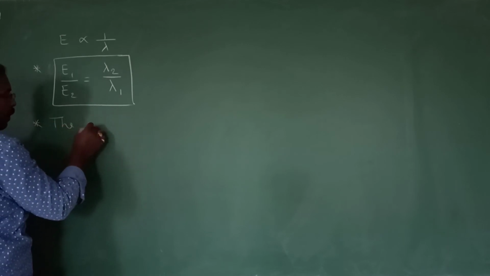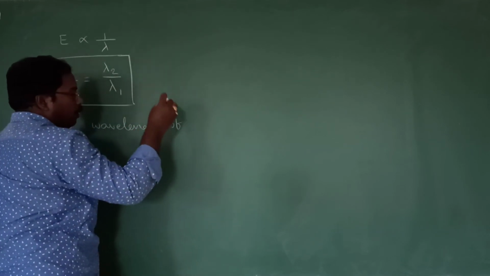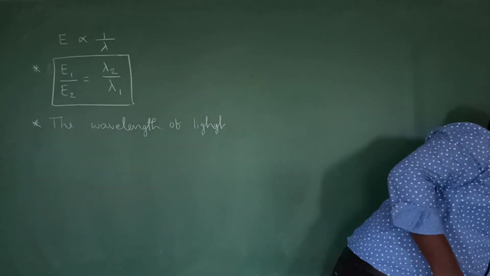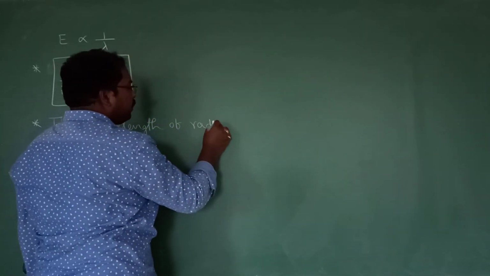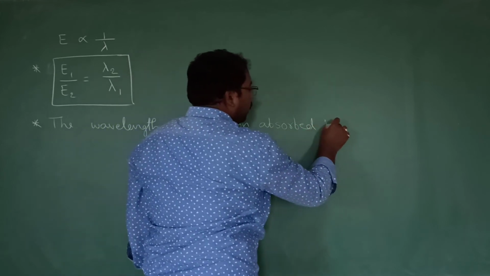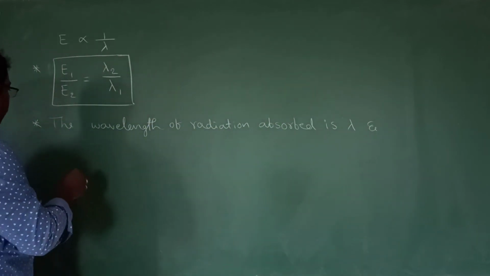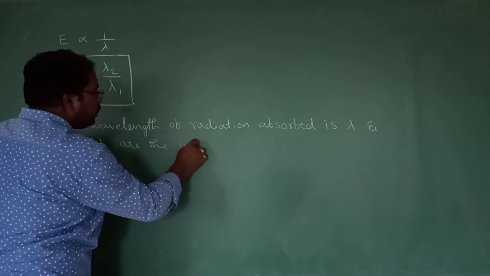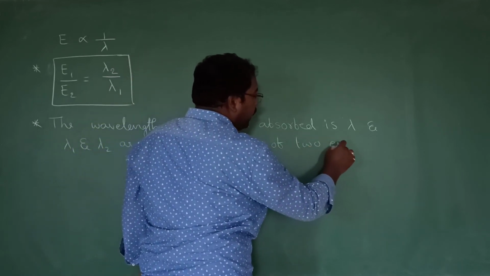If the wavelength of the radiation absorbed is lambda, and lambda 1 and lambda 2 are the wavelengths of two emitted radiations.